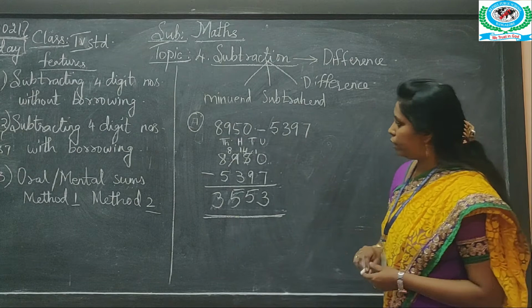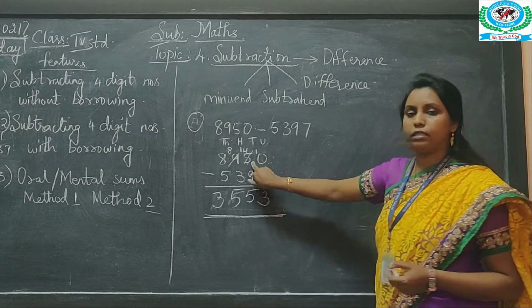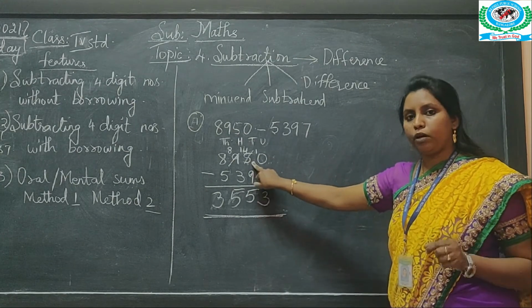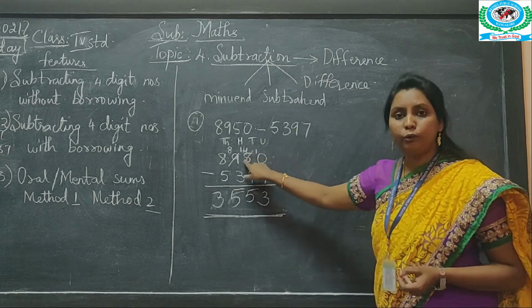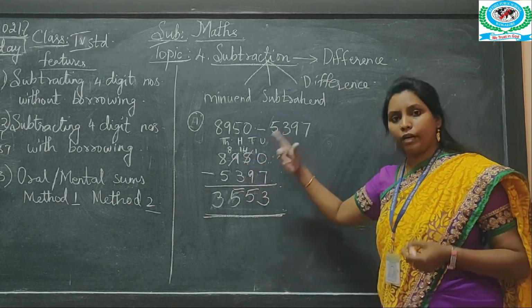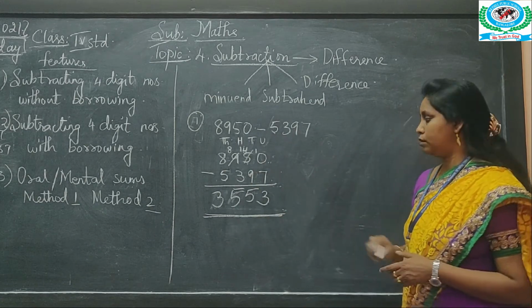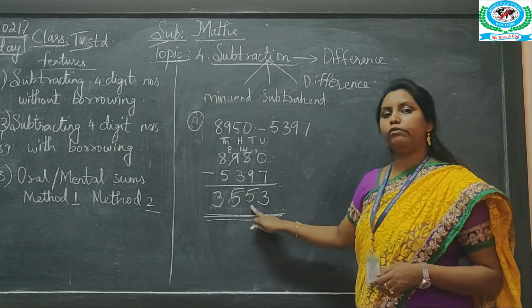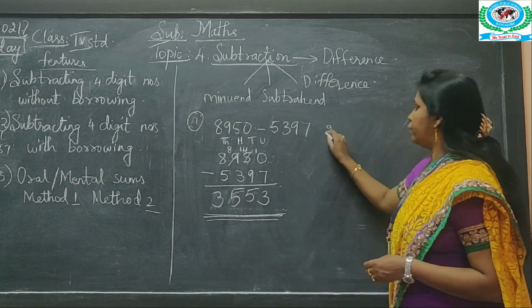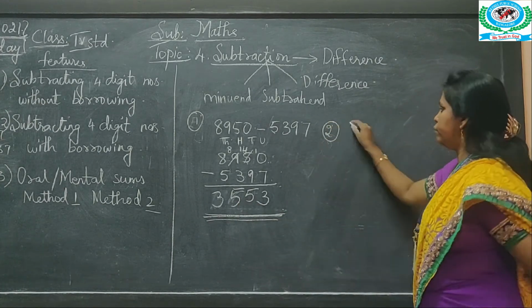So we borrowed only for this number and this number, because the subtrahend digits were more than the minuend digits. These numbers were greater than those numbers. So the answer you are getting is 3553.